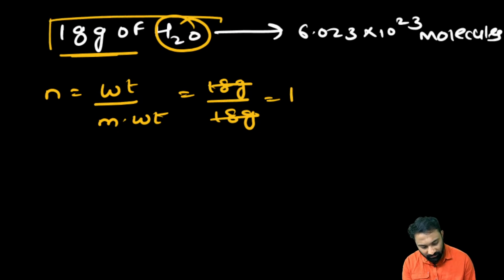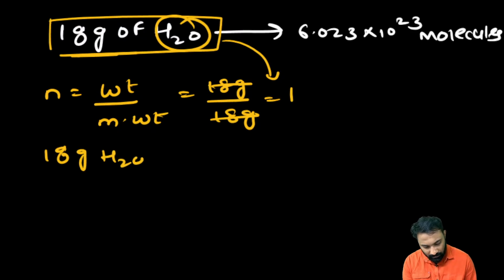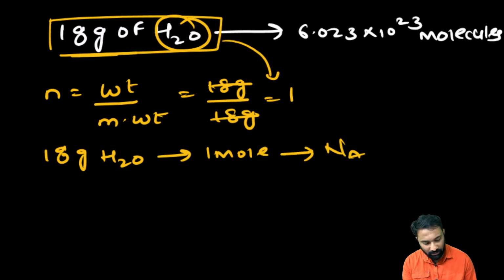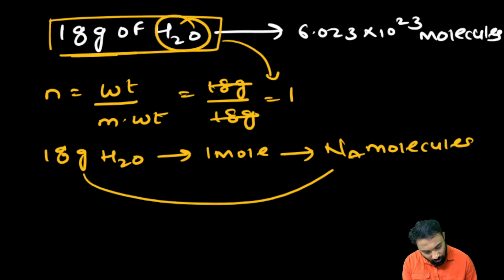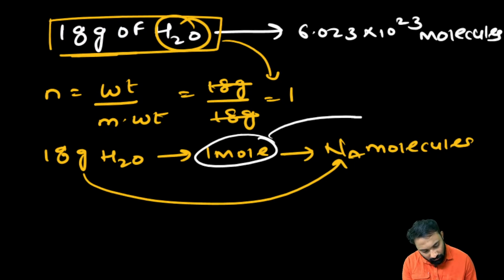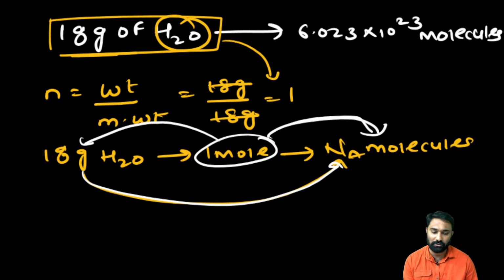Means 18 gram is referring to 1 mole only. So 18 gram of H2O is nothing but 1 mole. In 1 mole we have the Avogadro number of molecules, so 18 gram of H2O also contains the Avogadro number of molecules. 1 mole contains 18 gram of H2O, and 1 mole contains the Avogadro number of molecules. I hope it is clear, right?